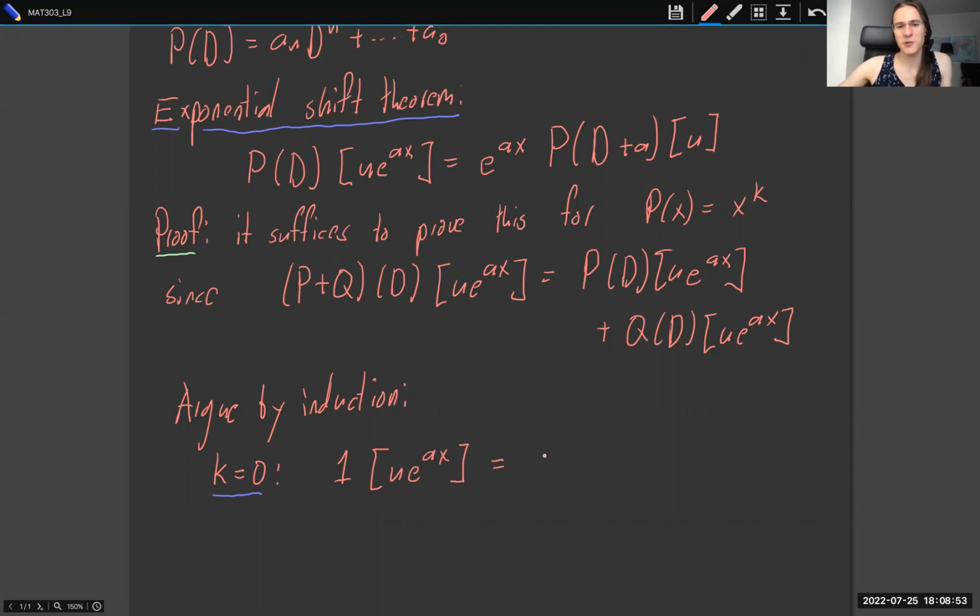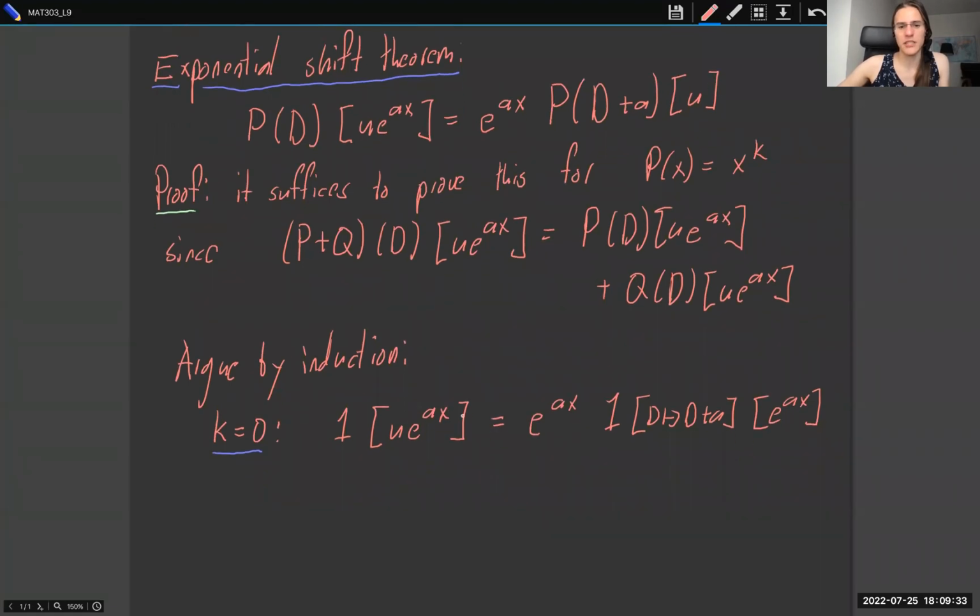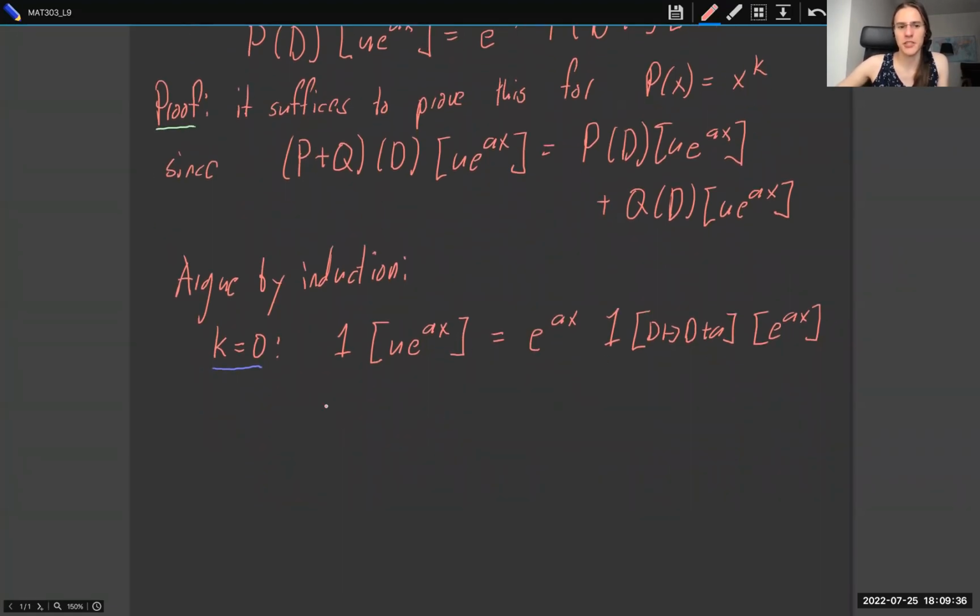Well, that's equal to e to the ax with 1 with the substitution D goes to D plus a. This is using programming language notation. So we make the substitution inside of this formula. We replace all occurrences of D with D plus a. And that's nothing, which is just both of these sides are u e to the ax. There's nothing to prove in the case for 1 because it's just the identity operator.